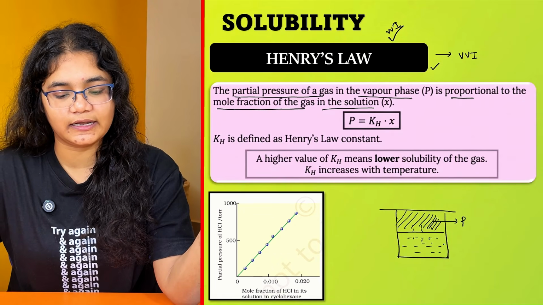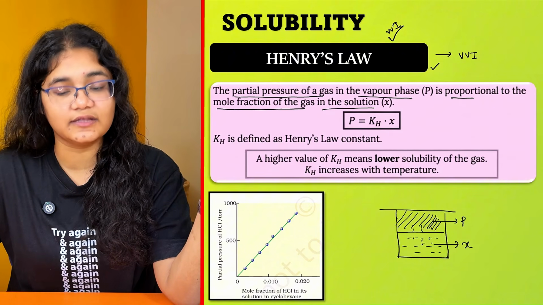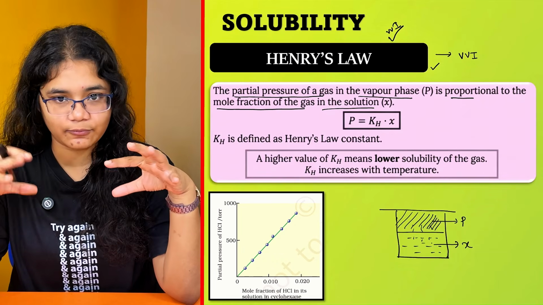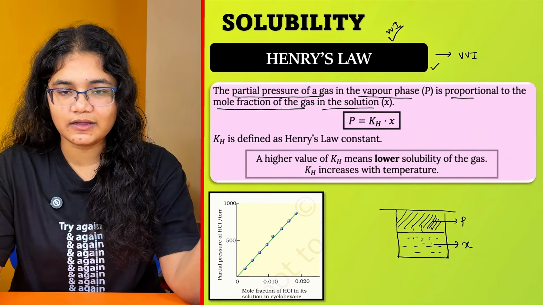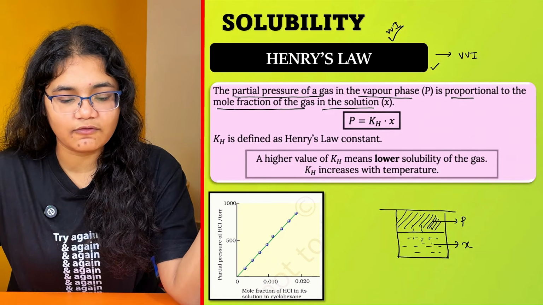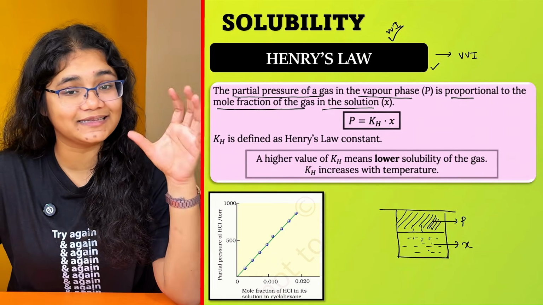Whatever pressure is created by the gas depends on how much gas is dissolved in the solution. It is very obvious: if more gas is dissolved, then more gas can evaporate, and with time, more evaporated gas will give more pressure. So Henry's law says that the partial pressure of the gas above the liquid surface is directly proportional to the mole fraction of the gas in the liquid.